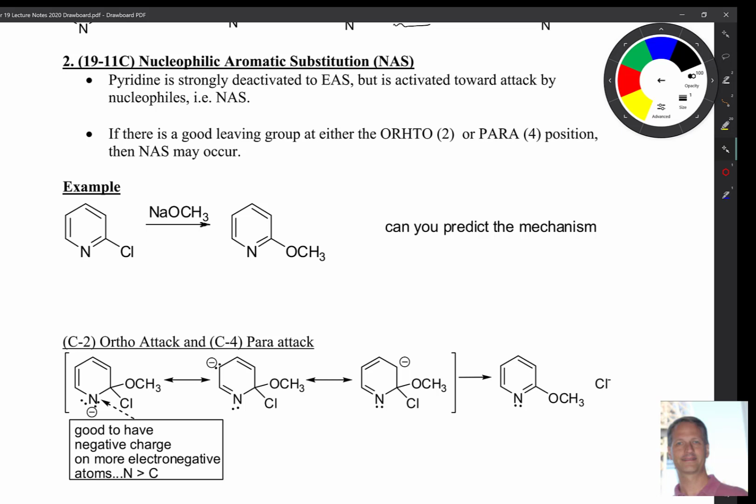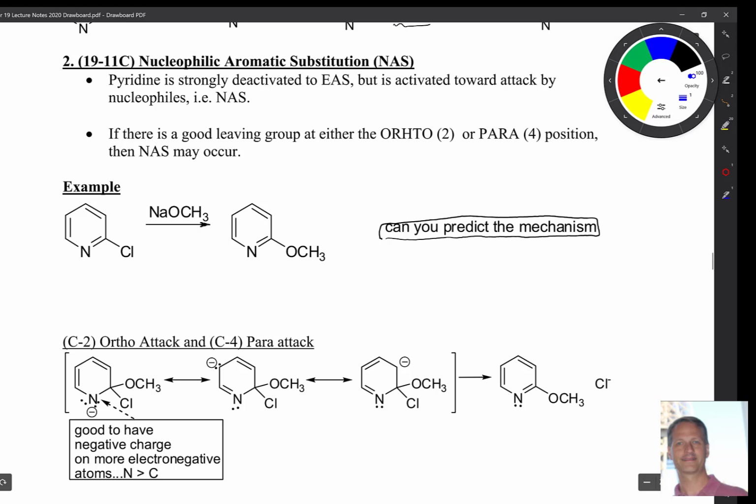Let's look at the general reaction down below. We're going to play around with the mechanism a little bit, but let's take a look at the first step. What I've shown down below are some intermediates, and I want to show the first step of this reaction, at least for the 2 and the 4 attack.